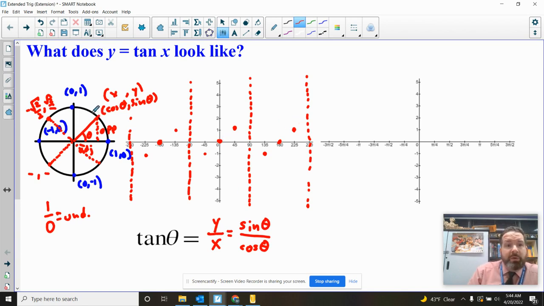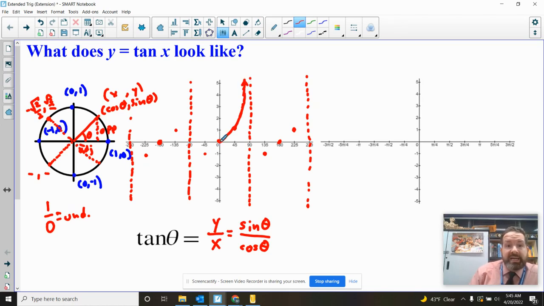Once we get over here, though, as I imagine rotating around these last 45 degrees, the y value isn't changing very much, but the bottom value, the x, is getting very small. So you end up dividing by smaller numbers, smaller numbers, smaller numbers. That makes your outputs, your tangents, go up really fast. So it looks something like this.